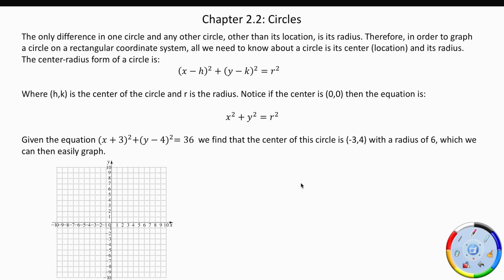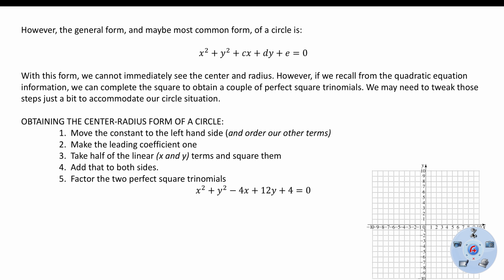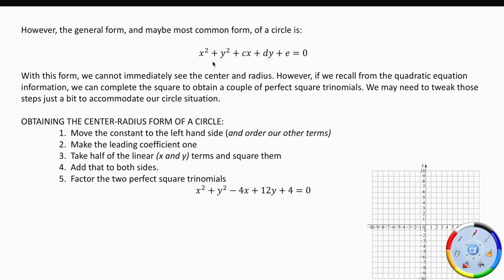Okay, so if I have my equation in the center radius form, it's very easy to graph that circle. However, the general form, and maybe the most common form of a circle, looks like this, where those binomials have been multiplied out. In other words, here's one with numerical values in it.